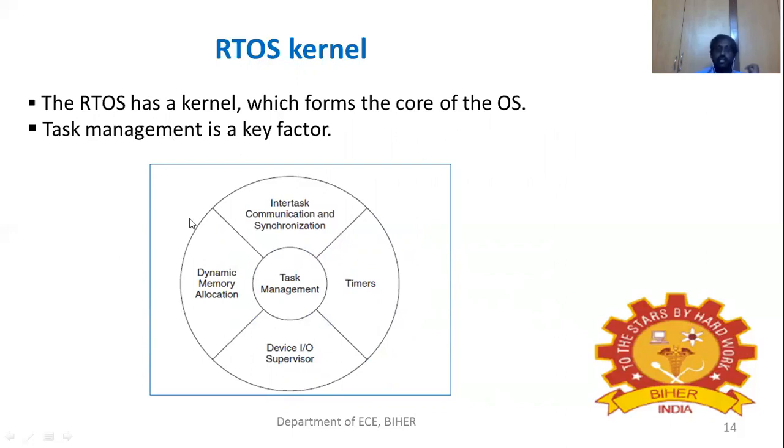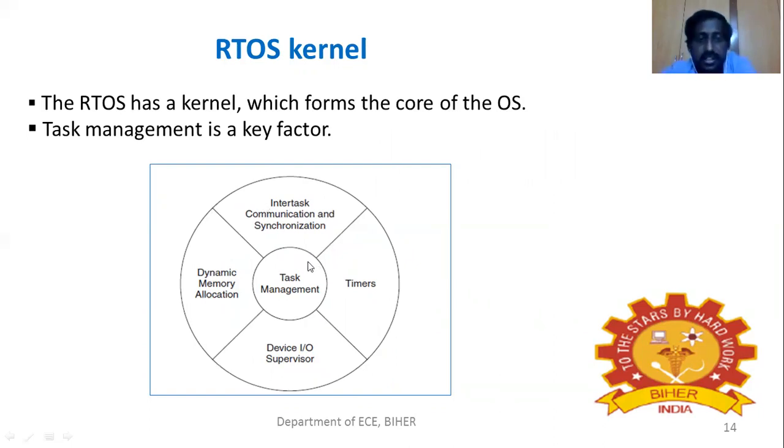You can see the kernel. The major role of the kernel is task management, a key factor for the RTOS, because the RTOS handles many tasks which should be completed within a stipulated period. So we should concentrate on RTOS time management. Here the kernel provides time management.